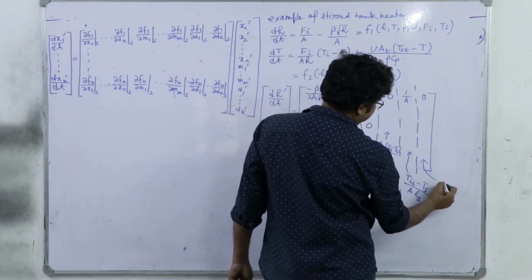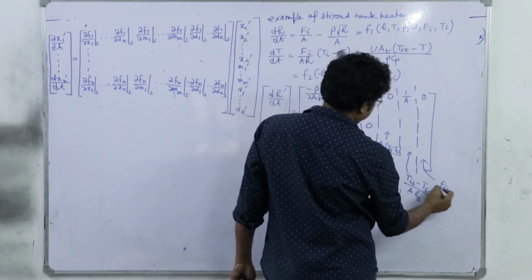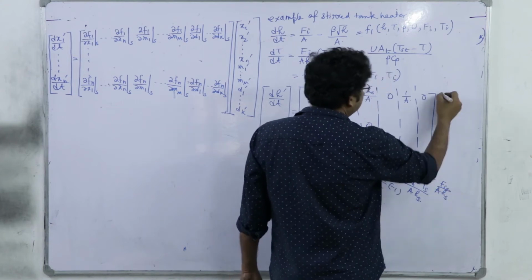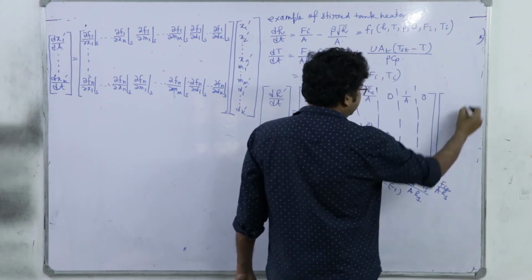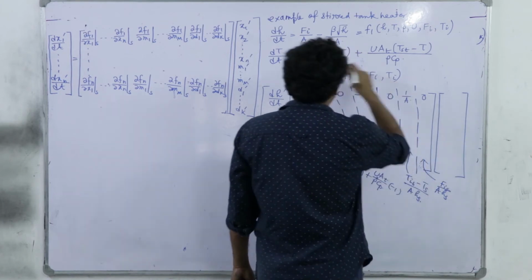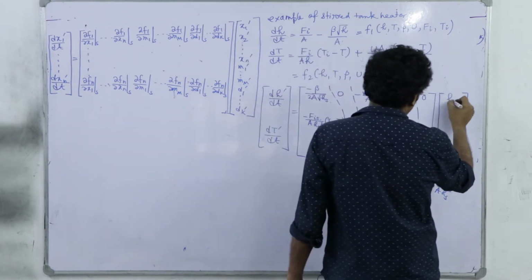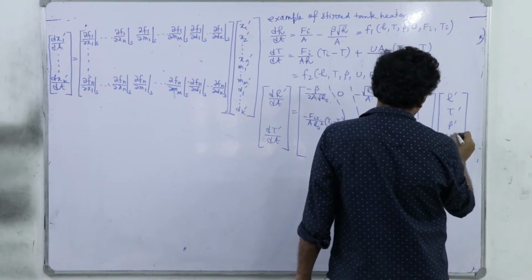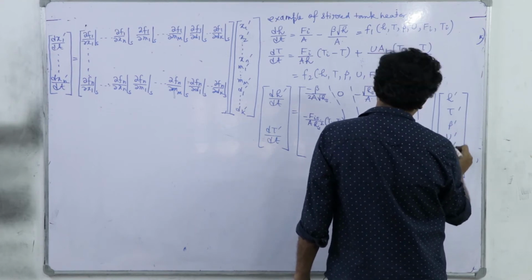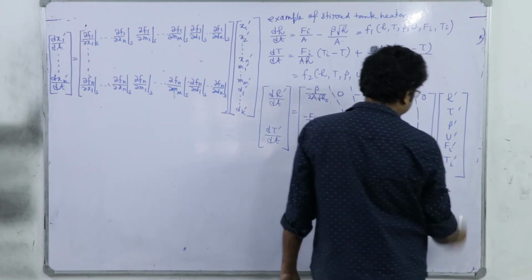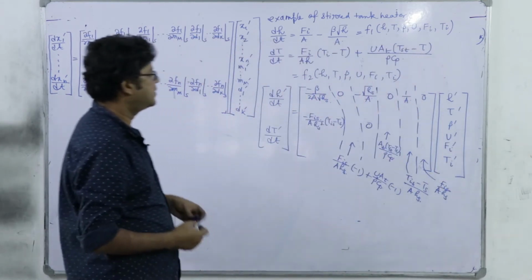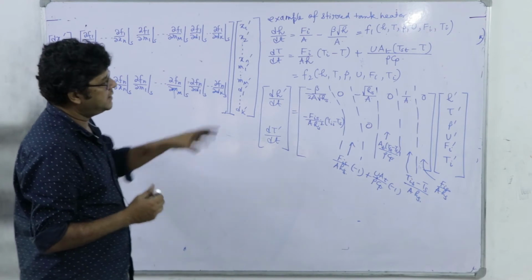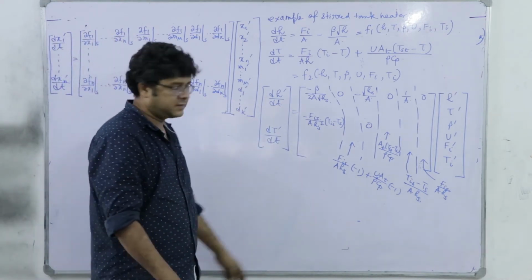So it is Fis divided by A into Hs, and that should be entirely multiplied by, in the same sequence of the variables, H prime, T prime, beta prime, U prime, Fi prime, Ti prime. Okay. So that's the linearized state model of that system.